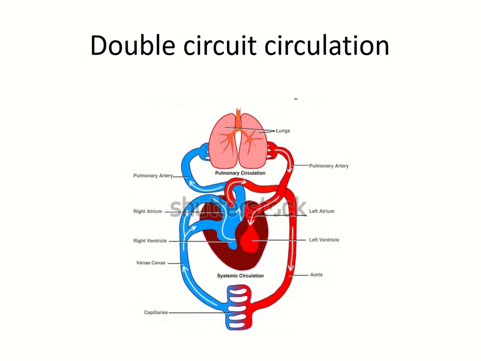From the left ventricle, oxygenated blood is pushed to all parts of the body. Then from the body, deoxygenated blood is collected by the superior and inferior vena cava, enters into the right atrium, from the right atrium into the right ventricle, from the right ventricle to the lungs.